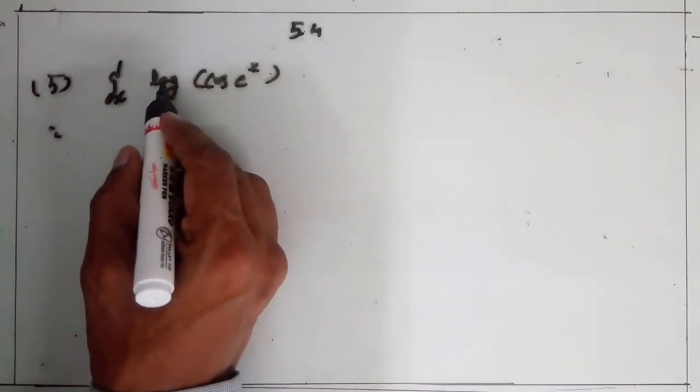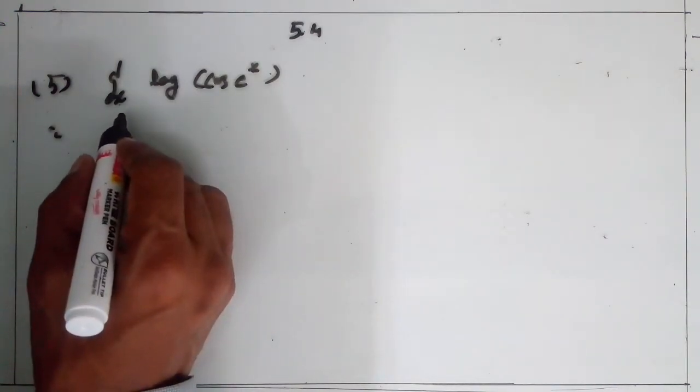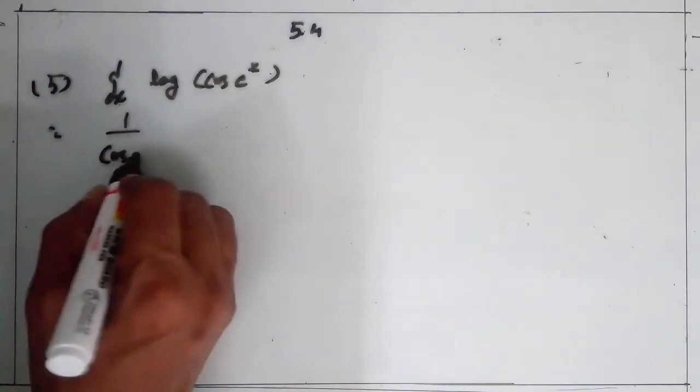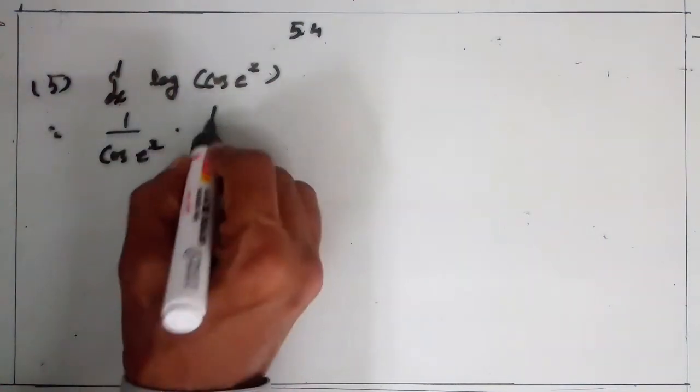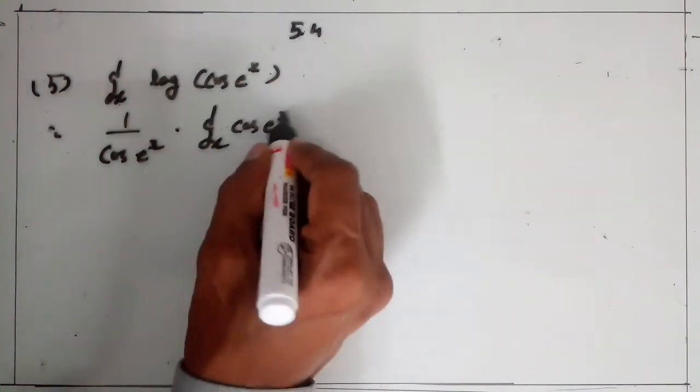Derivative of a composite function. First, take the derivative of the outermost function, the log function. The derivative of log is 1 upon the inner function, so 1 upon cos e^x, into the derivative of the inner function, cos e^x.